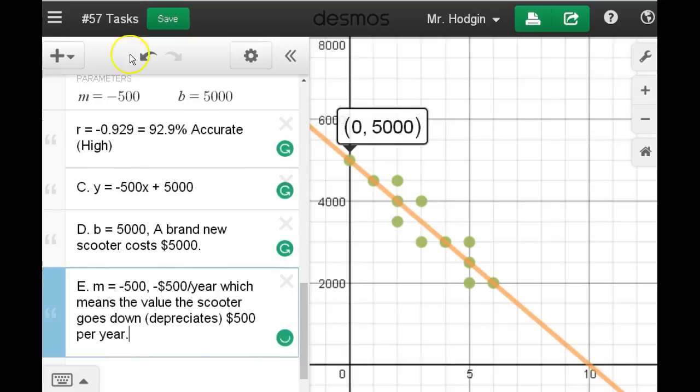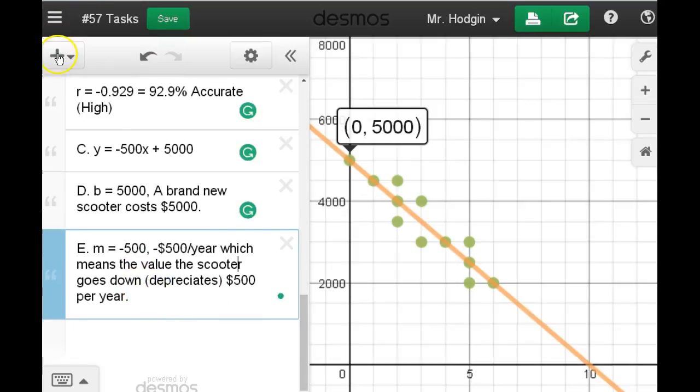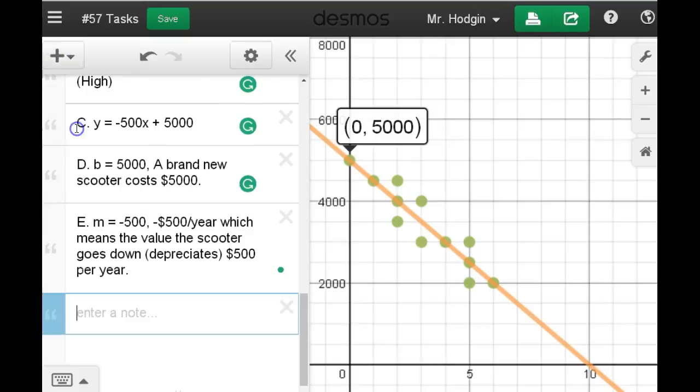And the fancy word for that, and you'll hear this at some point, is depreciate. That means loses value. All right, so let's continue, add another note, and look at F.